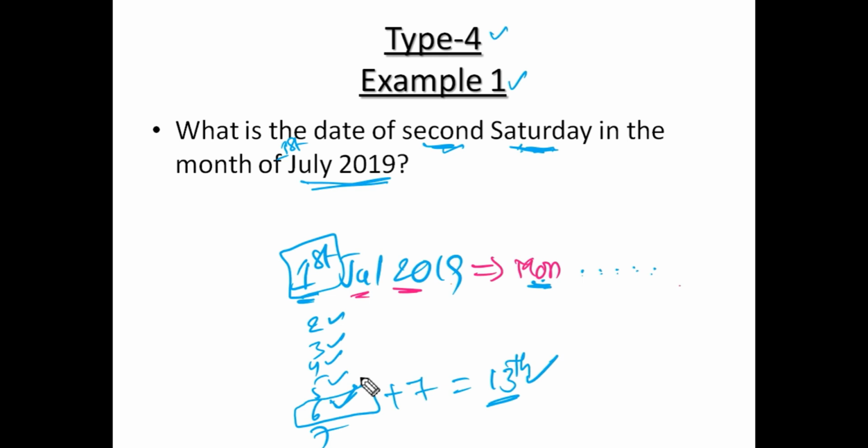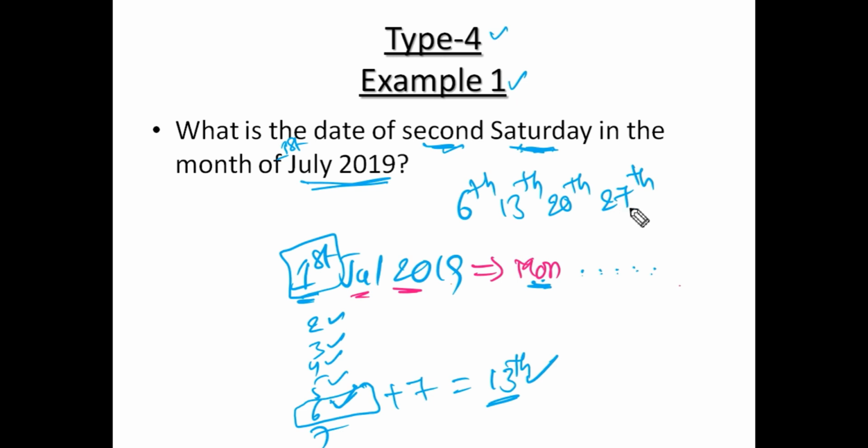Third Saturday plus 7. Sometimes he may ask the number of Saturdays in that month. Saturday dates are the 6th, next 13th, next 20th, and then 27th.